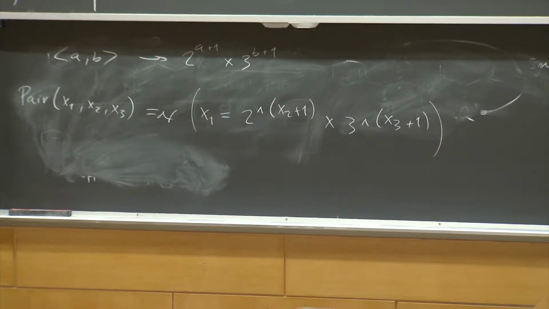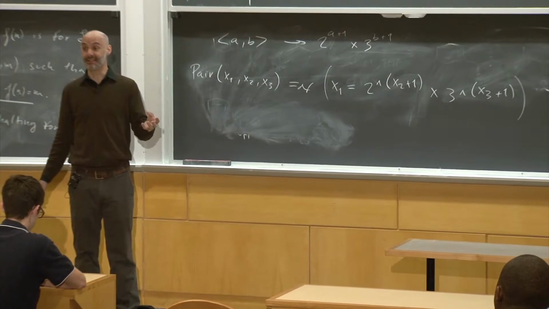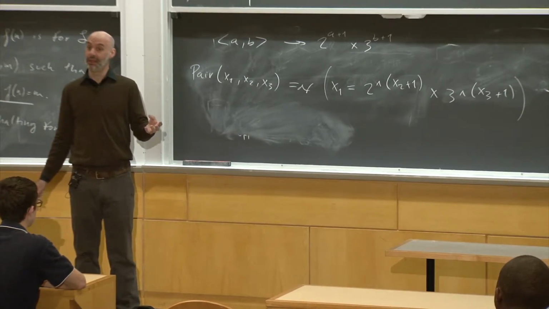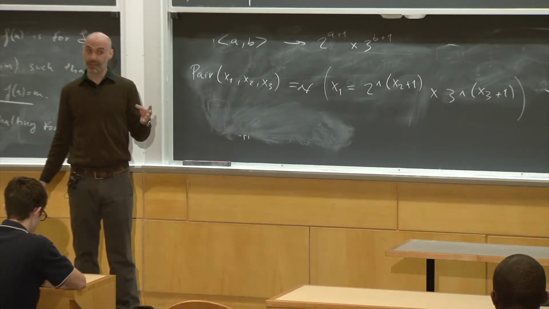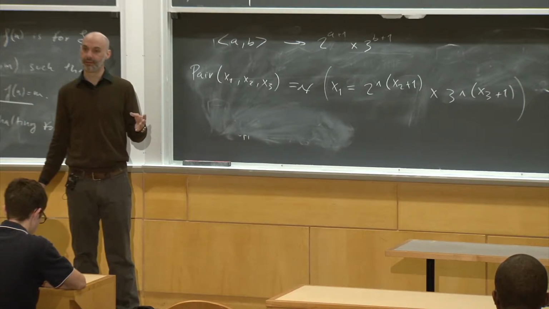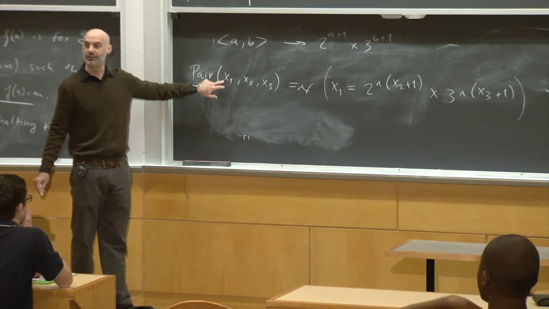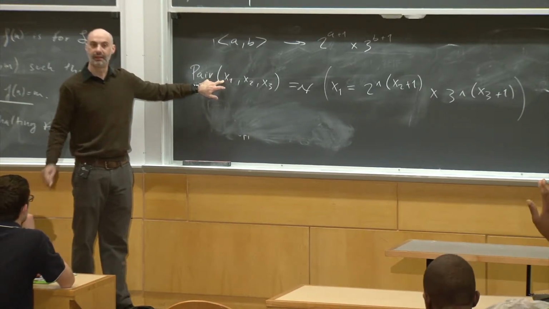In fact, it can say things like, there exists an ordered pair whose second component is 7. Could anyone tell me how to say that, using that notation, which we've already defined? Yes?